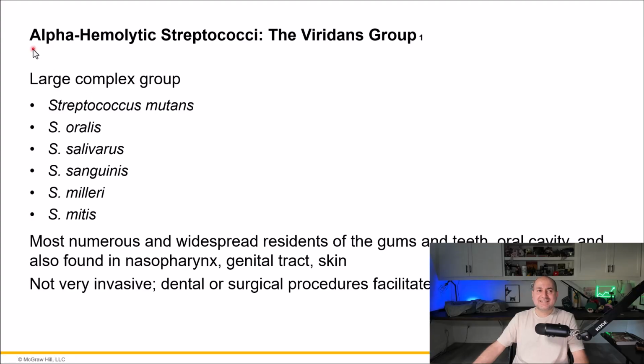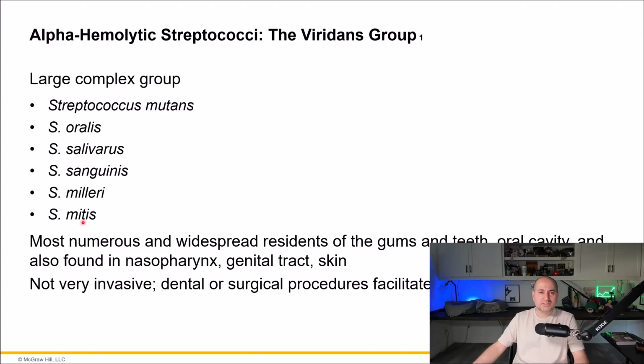Okay, and then there are the alpha hemolytic streptococci, also known as the Viridans group. It's a large group including Streptococcus mutans, which, by the way, is the one that causes a lot of dental caries, which means cavities on our teeth. Streptococcus oralis, Streptococcus salivarius, Streptococcus sanguinis, Streptococcus milleri, and Streptococcus mitis.